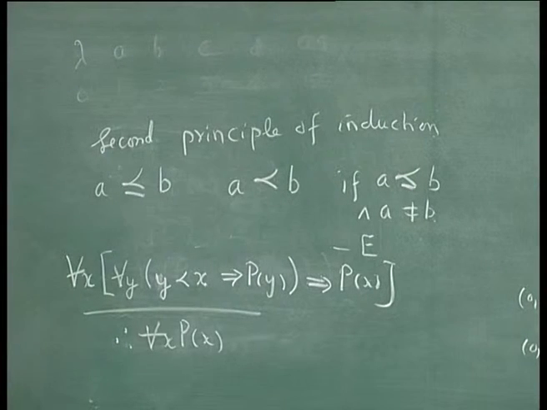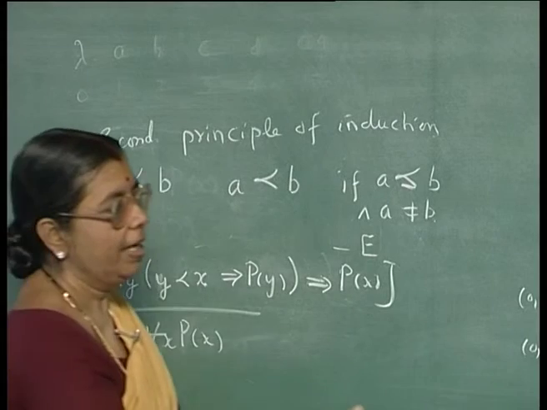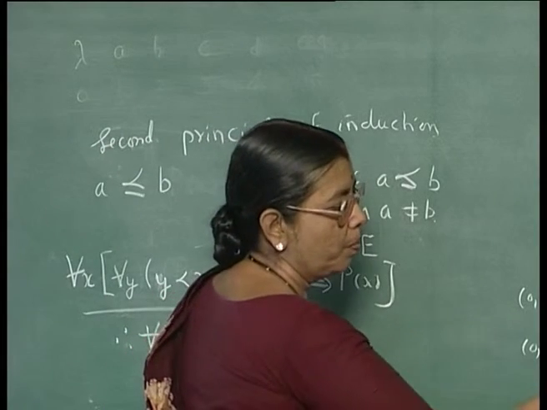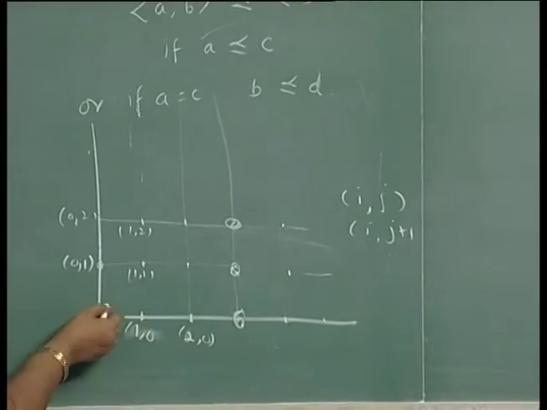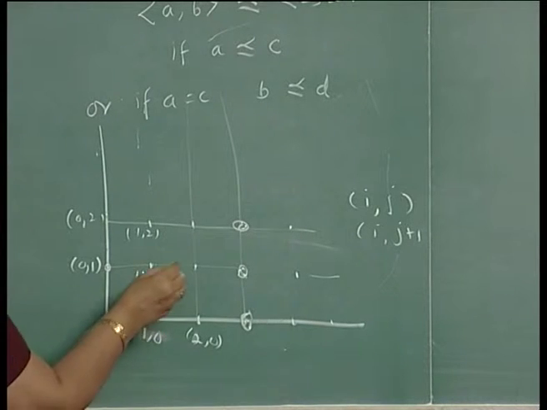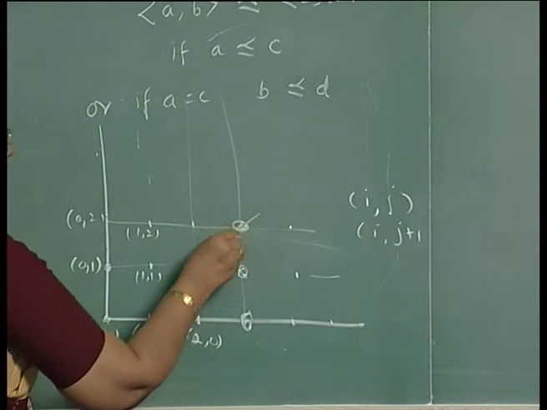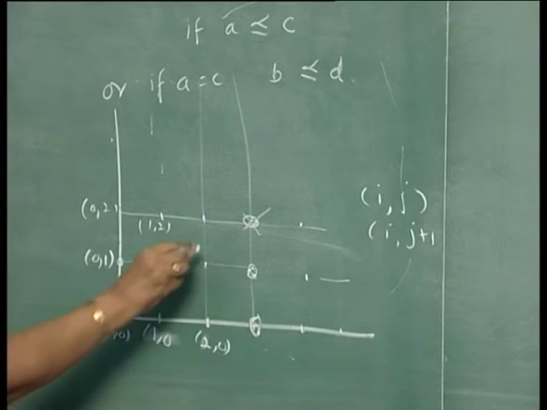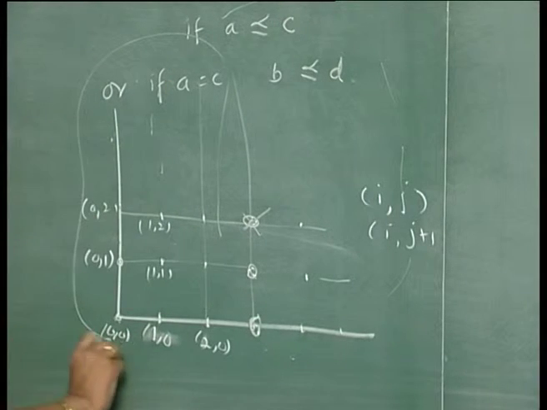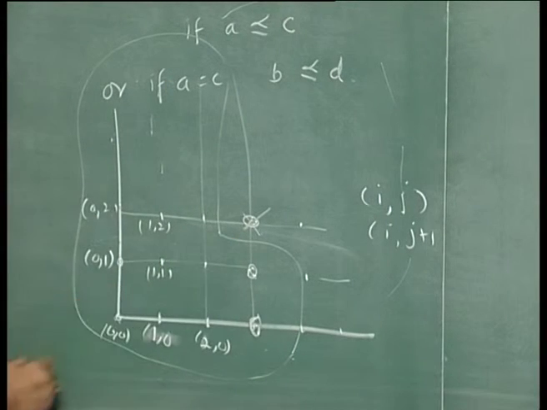For example, here if you want to use that, the basis case is automatically included in this type of second principle. If I want to prove the property for this element, I assume that it holds for all these elements.